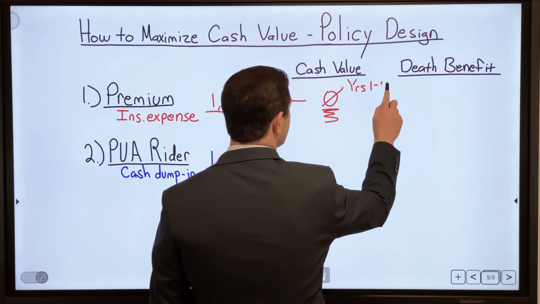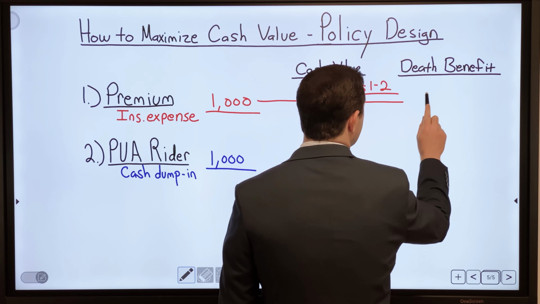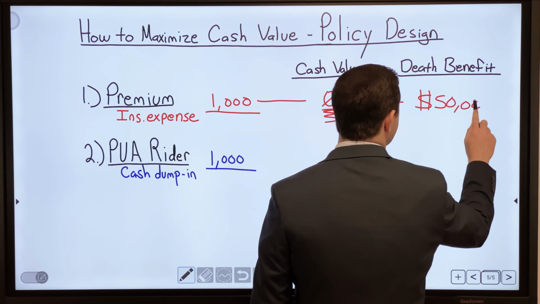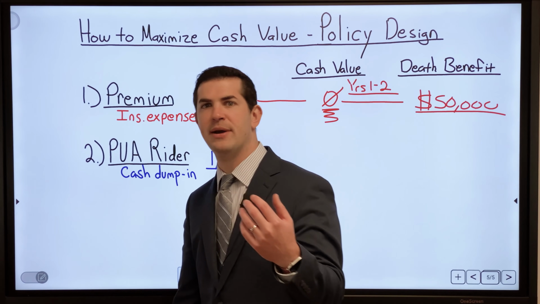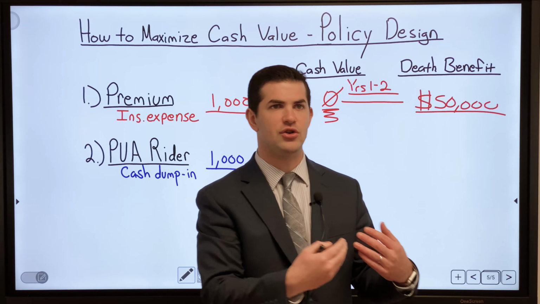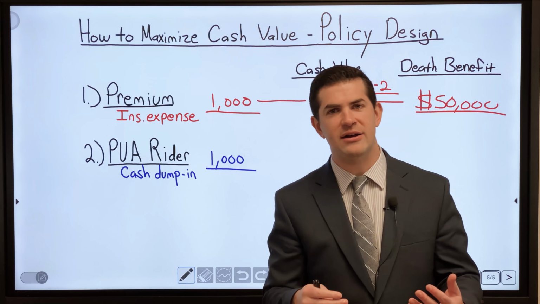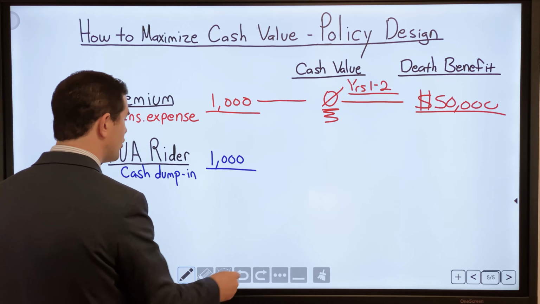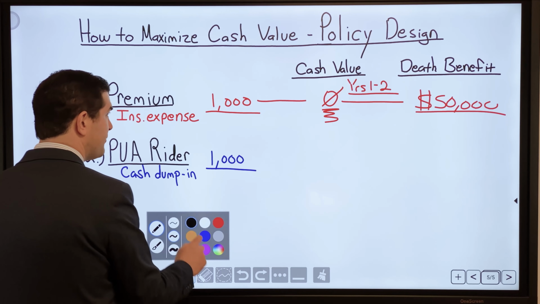And again, that's the first and second year. The reason why is the company is overcharging me for the death benefit up front. With a whole life insurance policy, in respect to my base premium dollars, the insurance company really overcharges me in the first 2 years. Now, some products it's only the first year, some are the first 3 years, but with a traditional product with most companies, it is the first and second year.